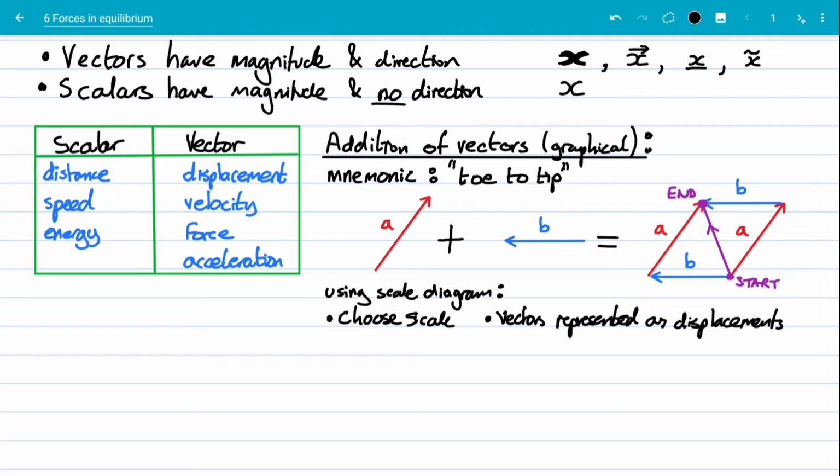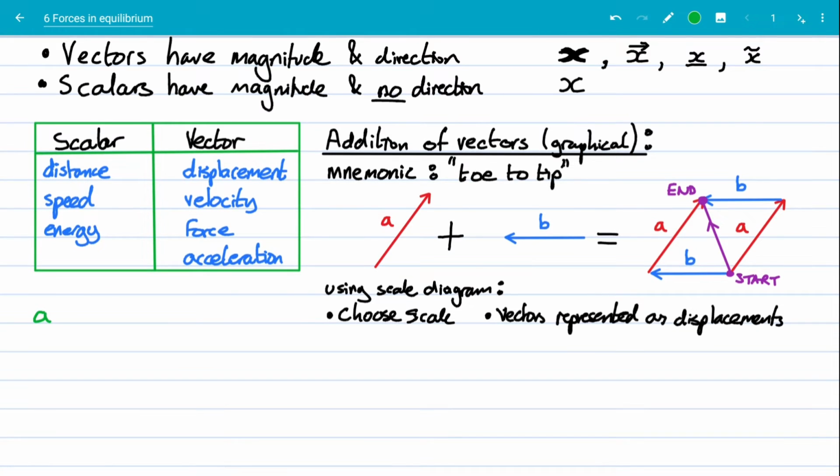But it turns out there's another way. Rather than just using a scale diagram and adding the components A and B like that, and that's what they are called, so perhaps we should label these components. Let's just write it here. A and B are components. And then we can say that the purple one, we label it C. C is the resultant.